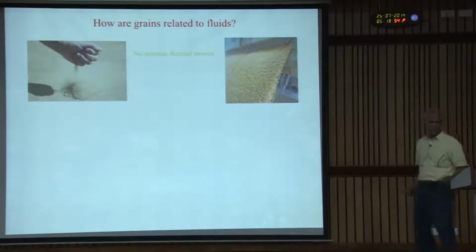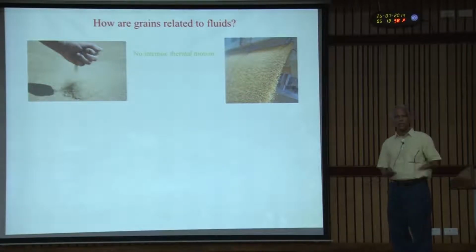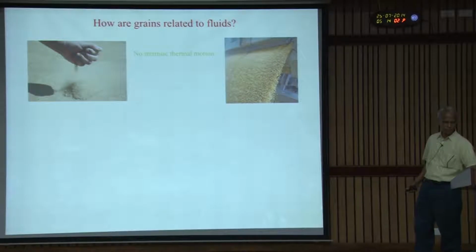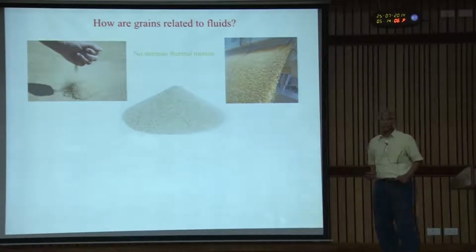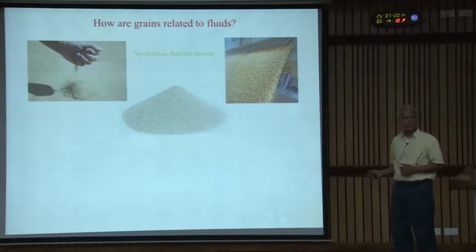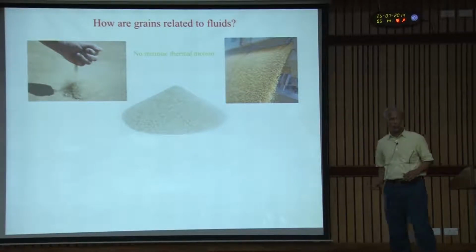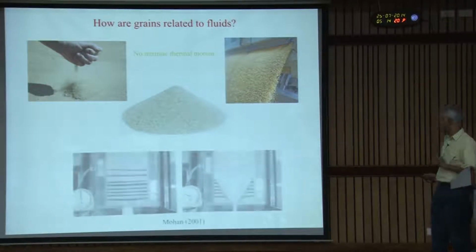And in a continuum sense, one could treat flowing granular material as a strange kind of fluid. The difference is, as I said, grains form a heap. In other words, they can withstand shear stresses without deforming. So they are in between a fluid and a solid, so they have properties of both.